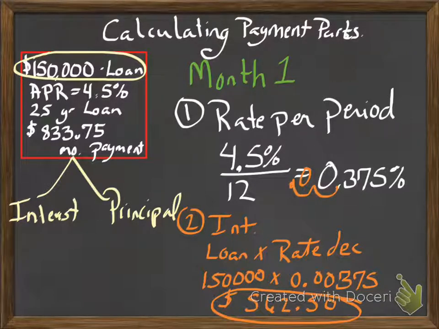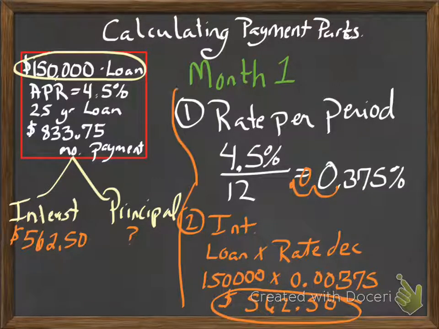Each month, our payment is made up of interest, in this case $562.50, and principal, which we don't know. How can we calculate what that principal is? What do you think you might do? The only 2 things in a monthly payment are interest and principal.